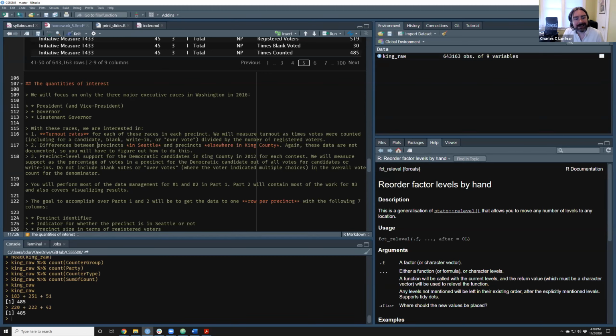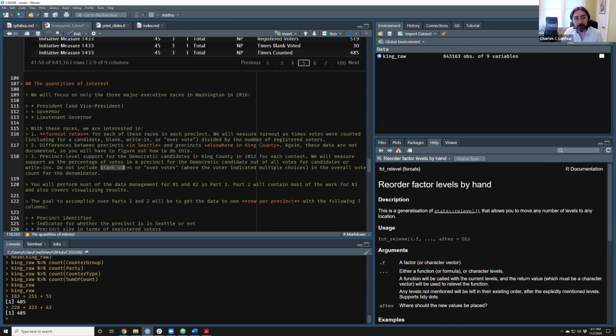Next, we want to get differences between precincts that are in Seattle versus ones not in Seattle. There's no documentation for this, so we're going to have to figure out how to do it. And then last, we'll calculate precinct level support for Democratic candidates in King County for each of these 3 contests. And we're going to calculate that as the percentage of votes for the Democratic candidate out of all votes for all candidates or write-ins.